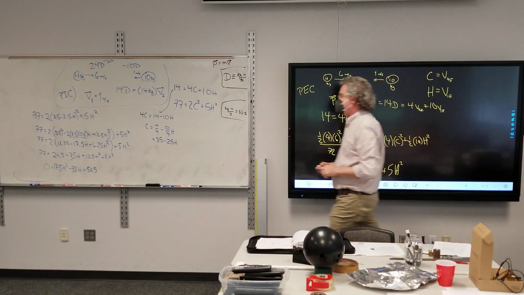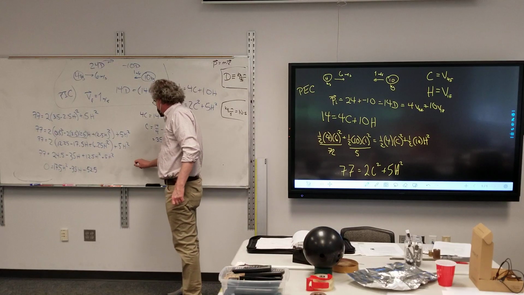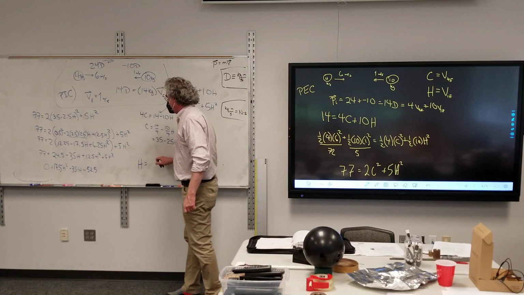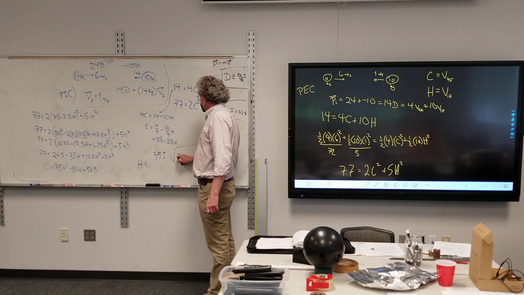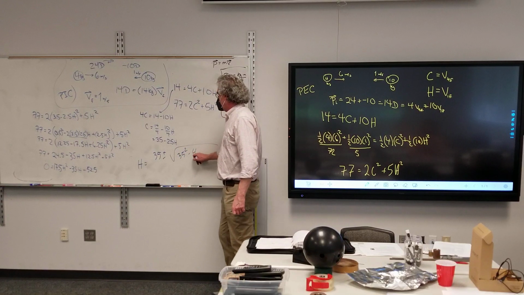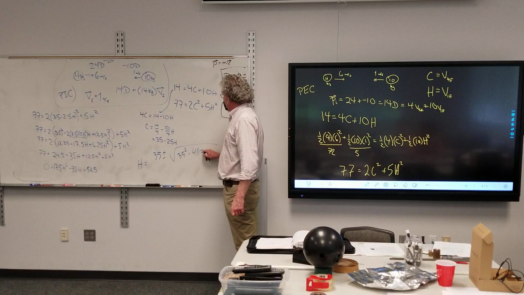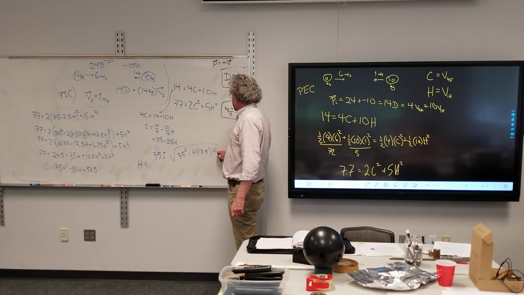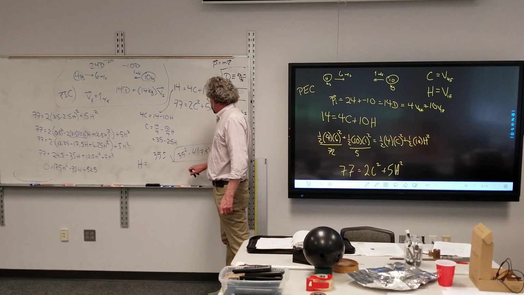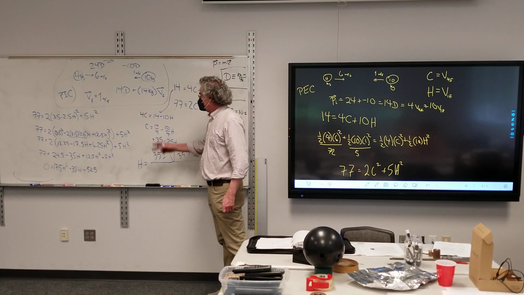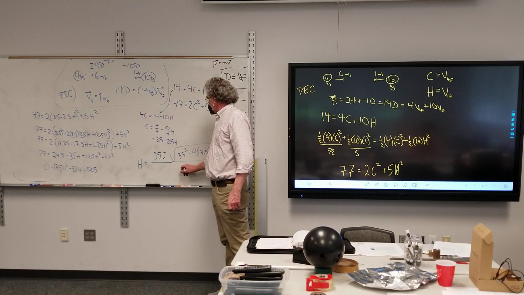Okay. H equals 35 plus or minus the square root of 35 squared minus 4 times 17.5 times 52.5 divided by 2 times what's in front, so divided by 35.